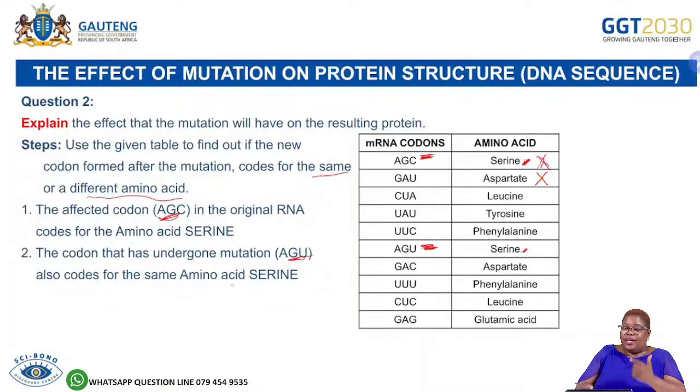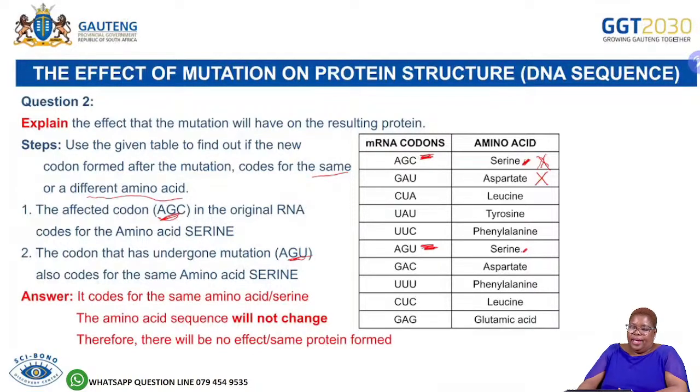So it's the given information, right? Now, what happens if the same amino acid is formed after mutation has taken place? It codes for the same amino acid, which is serine. The amino acid sequence will not change. Therefore, there will be no effect, or we are going to have the same protein being formed.